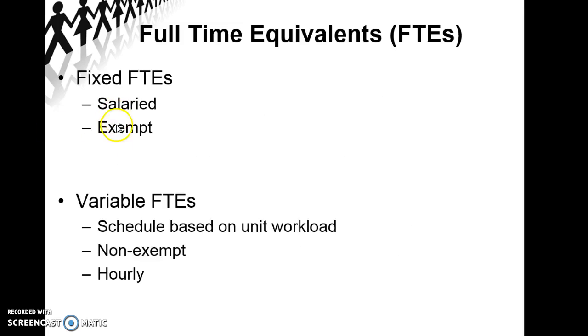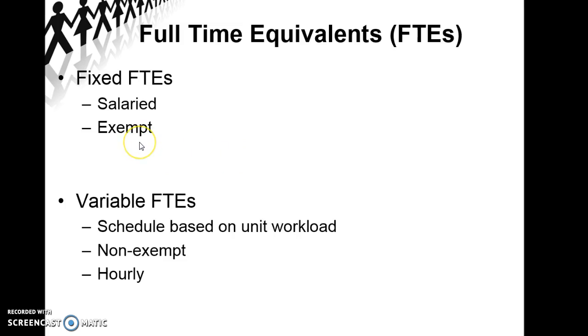All right, salaried and exempt. Salaried is full-time equivalent, stands for FTEs. Okay, if you're salaried, you're like me. I get paid the same amount of money whether I am at Alverno for 1 hour or if I am here for 12 hours. And I am exempt.